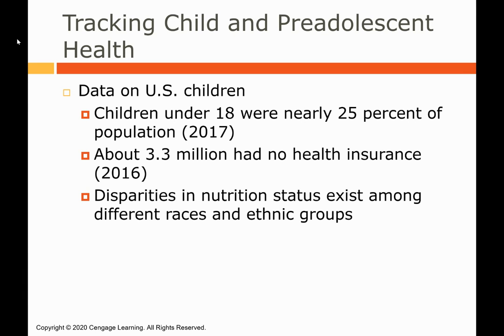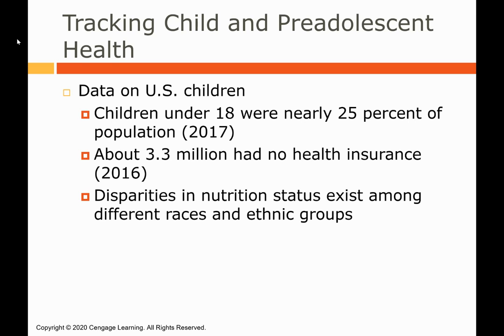We know that intervening in young children is important for preventing the tracking of certain behaviors, less healthful behaviors, into adulthood. So intervening in childhood is really important, especially because data on U.S. children show that children under 18 are nearly 25% of the population, but they have noticeable health disparities.